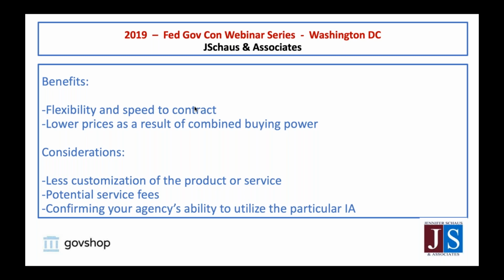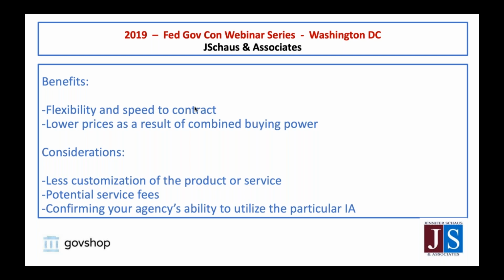You as the contractor are going to have pre-established rates, pre-negotiated terms and conditions that reside on that master contract. And when the buyer wants to order, they're going to go ahead and place that order with your established rates.